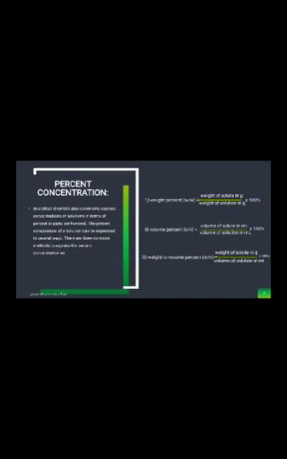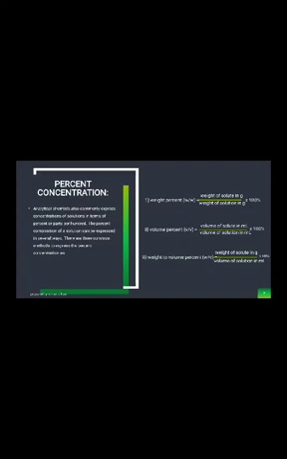Percent concentration. Analytical chemists also commonly express the concentration of a solution in terms of percent, or parts per hundred. The percent composition of a solution can be expressed in several ways. There are 3 common methods to express the percent concentration. Weight percent, symbolized as W upon W: weight of solute in gram divided by weight of solution in gram into 100.